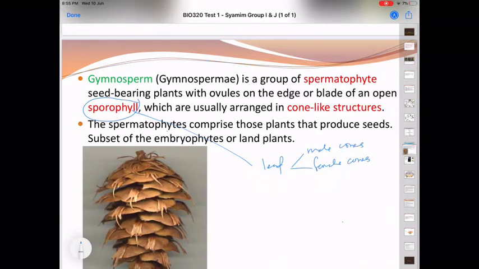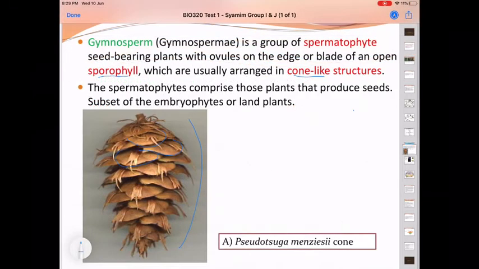Normally the female cones are located in higher places compared to male cones, and the size is bigger. The spermatophytes comprise those plants that produce seed. So any plant that produces seed, we call spermatophyte. And these spermatophytes are a part of the embryophytes or land plants. So this is the explanation for this paragraph.